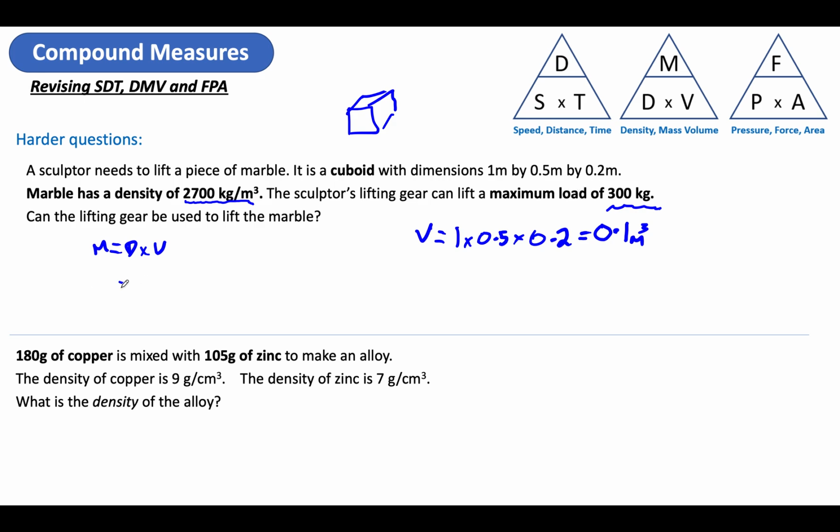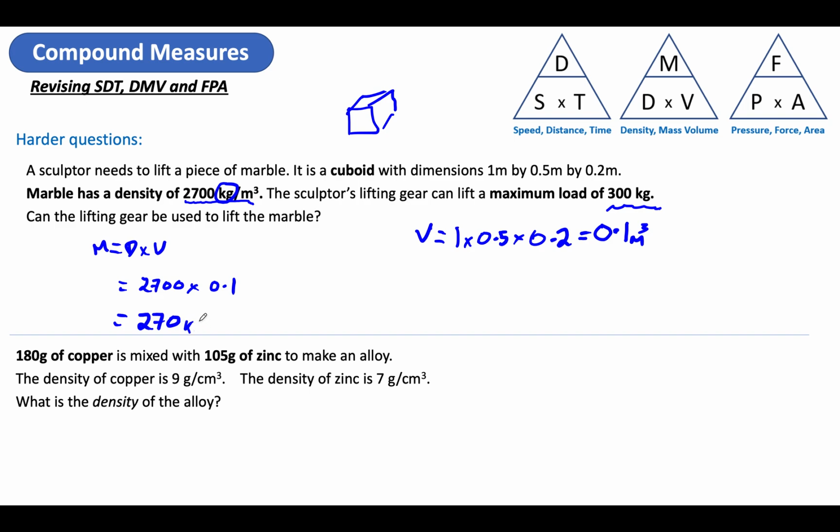So I can then work out my mass, which is the density of 2,700 times my volume of 0.1, which equals 270. What though? We're working out mass, so that's basically our weight as far as our question is concerned, and the units of weight in the question are kilograms.